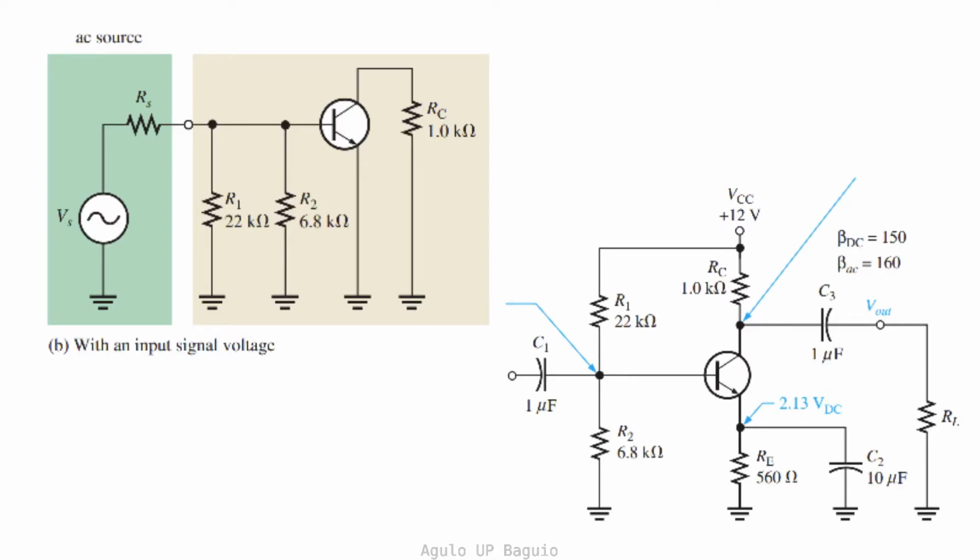These capacitors are selected so that the capacitive reactances are negligible at the signal frequency and can be considered 0 ohms. The second thing that we notice is that the resistors R1 and RC, which were originally connected to VCC, are now connected to ground. In other words, the DC source is replaced by ground.